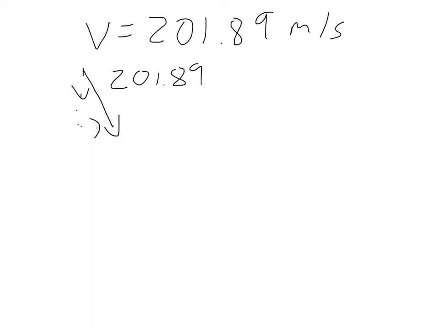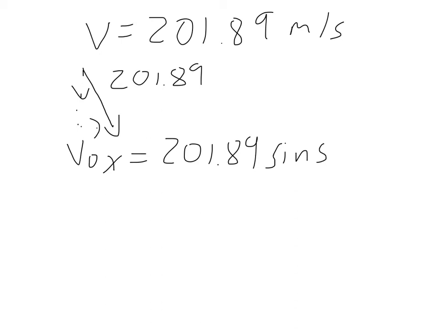So we can solve for the x component of the velocity, v naught x, and that's equal to the velocity of the plane, 201.89, multiplied by the sine this time of 53 degrees. Notice that it's the sine of the angle, and we get a v naught x equal to 161.25 meters per second.